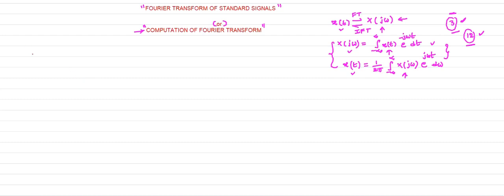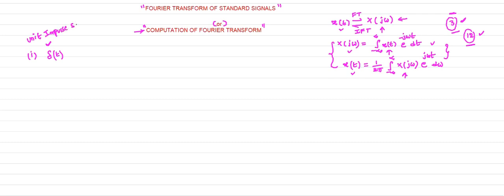The computation process depends on these two formulas only. The first signal we are going to consider is the unit impulse function, which is our delta of t. Under the basic signals I explained this unit impulse signal, which is our basic signal.